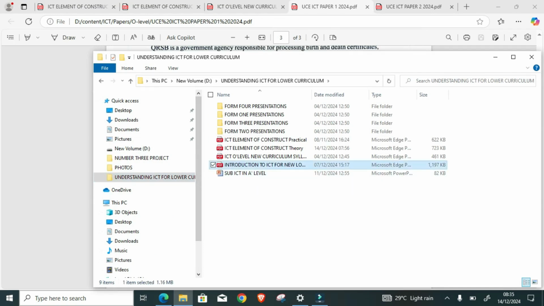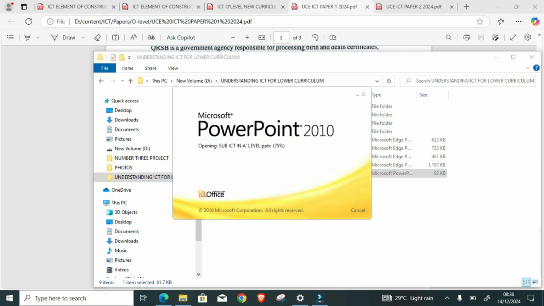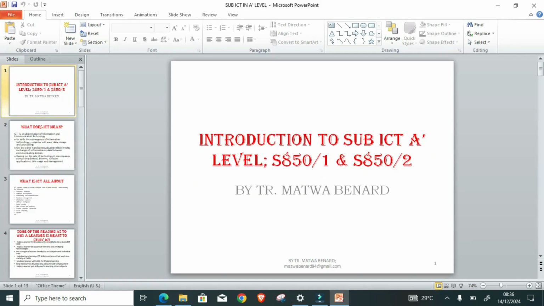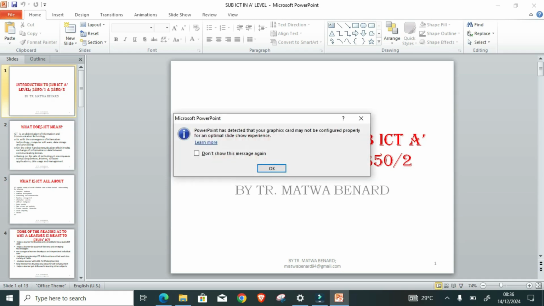This one is for Sub ICT. In A-level, our computer is a Sub ICT paper, subsidiary 850 stroke 1. I'm going to talk about paper 1 and paper 2. So this is it. Let me enlarge it.